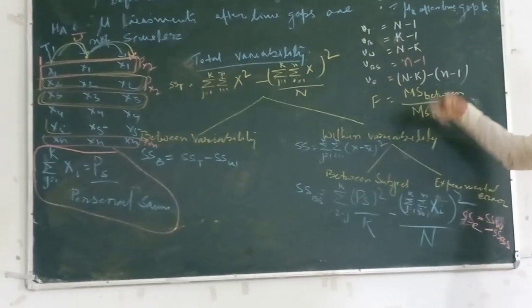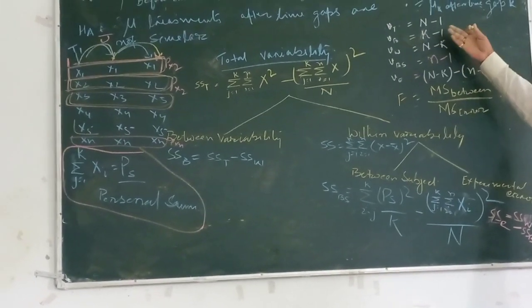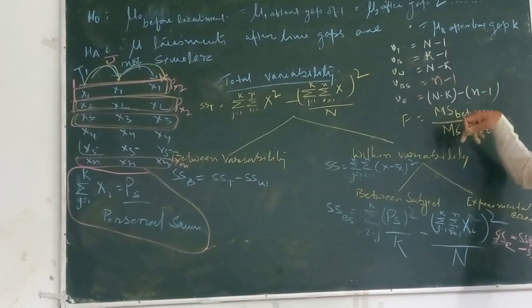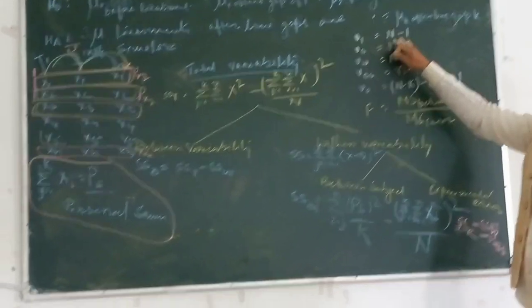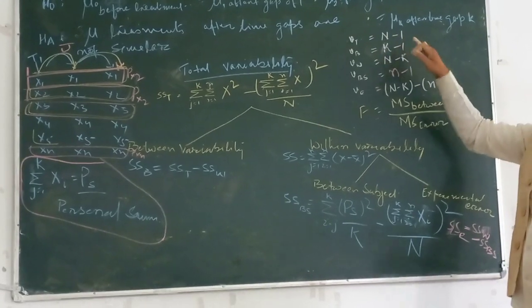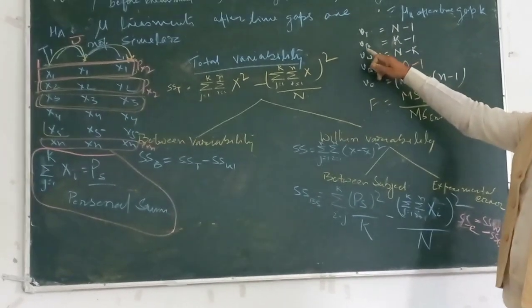After the calculation of the sum squares of the different factors, thereafter we calculate the degree of freedom. The degree of freedom of the total is capital N minus 1.